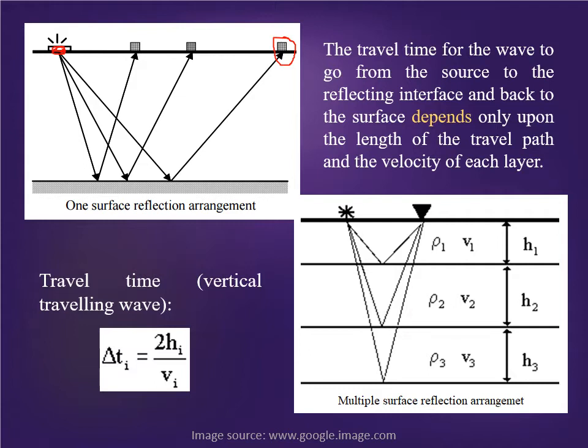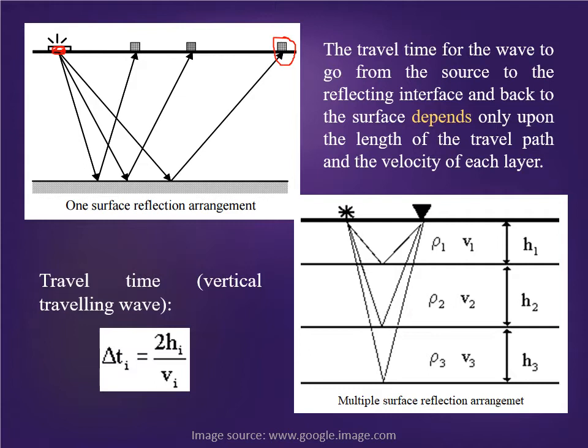Now, starting from the source to the geophones, the wave has to travel the same distance two times. First it goes to the interface, then again comes to the surface.